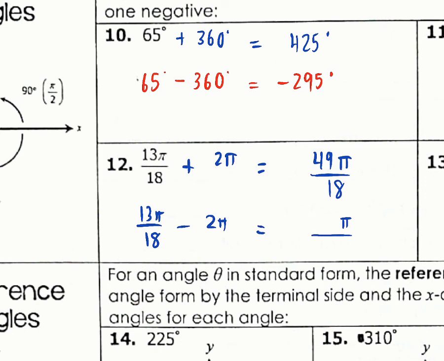We're going to type in our calculator 13 over 18 minus 2. 13 over 18 minus 2 gives me what? Negative 23 pi over 18. Negative 23 pi over 18. Okay, questions? Do I have to do another one or we get it? We good? Okay, let's keep moving then.